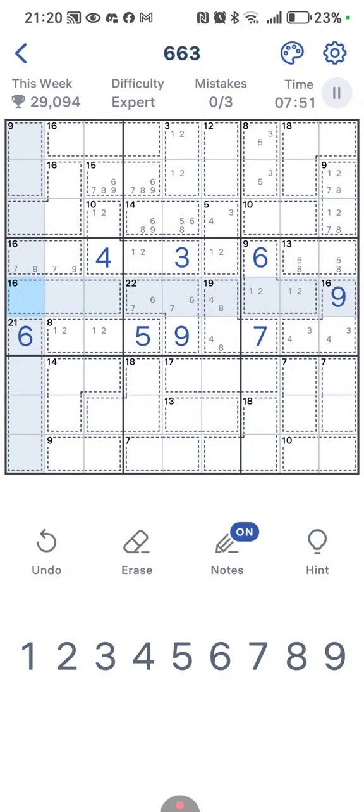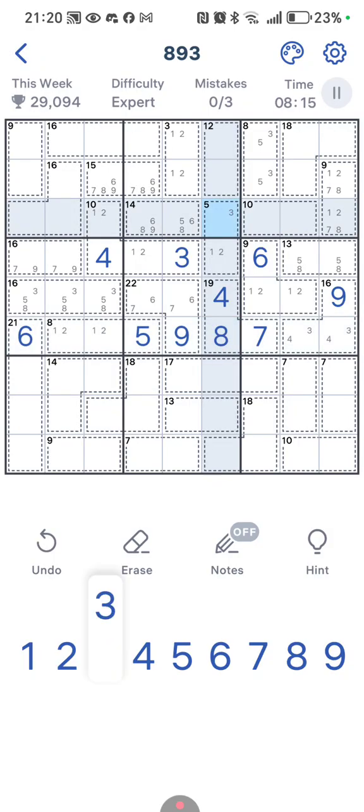So 1, 2, so this has to be a 3. Then we've got 4, then we've got 5, and then we've got 8. Which means that this is 4, and this is 8.